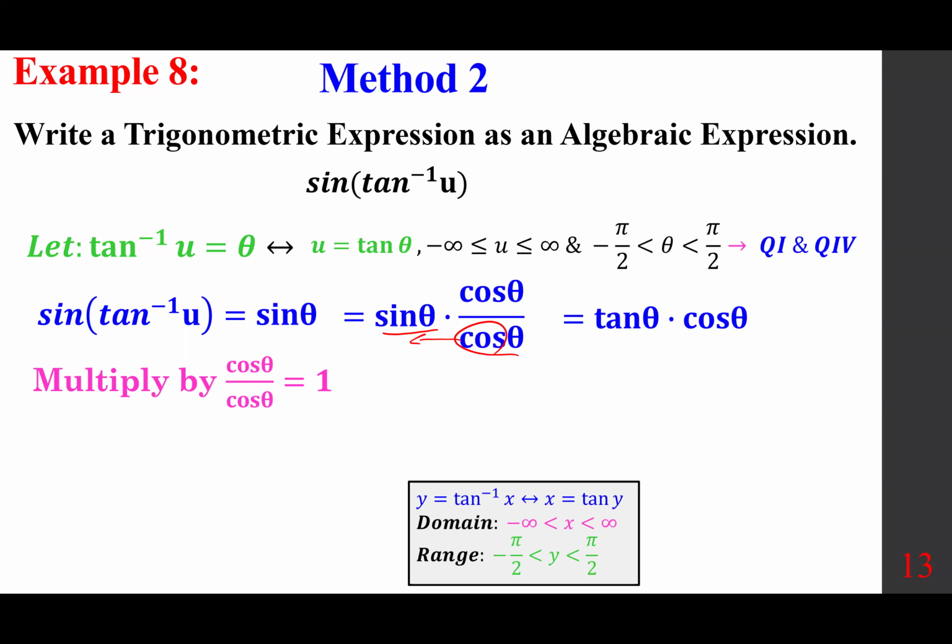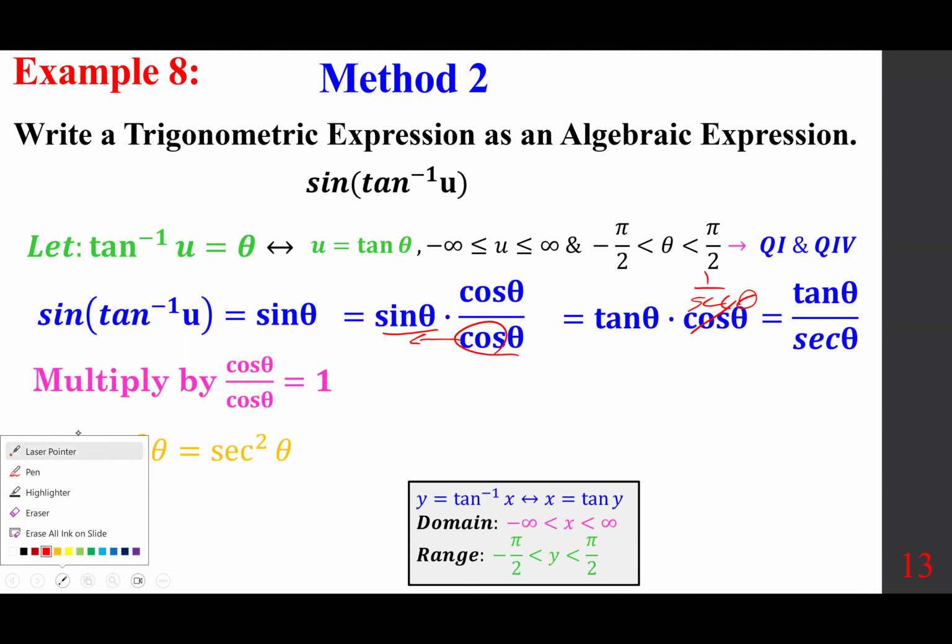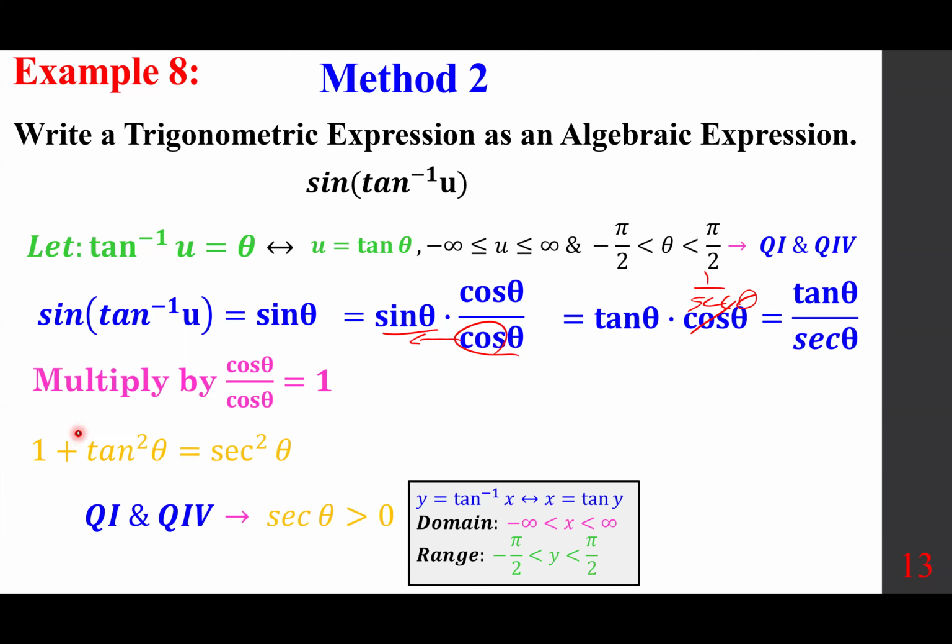And cosine, you can replace it with 1 over secant. So you're looking at tan over secant. Again, this is one way to do it. Because we know one of the Pythagorean identities, 1 plus tan squared is secant squared, and of course, secant is the same as cosine, which is positive in the first and the fourth quadrant.